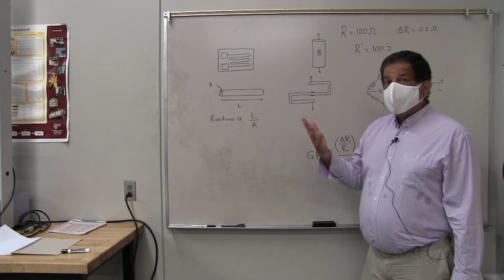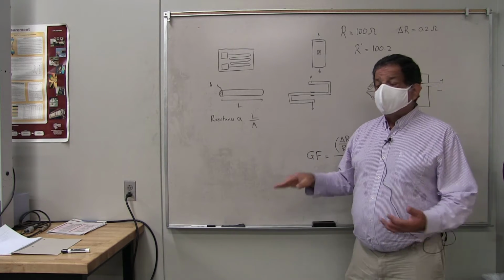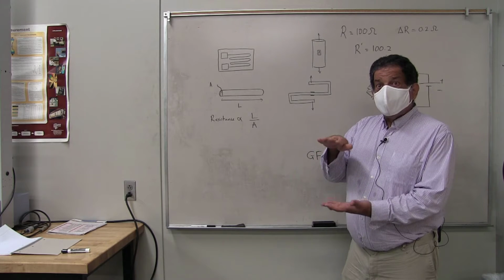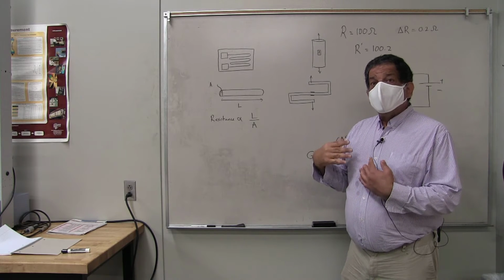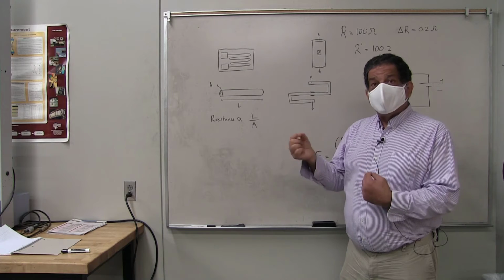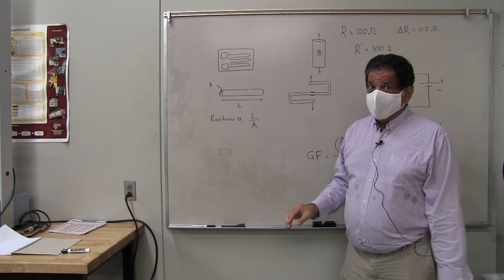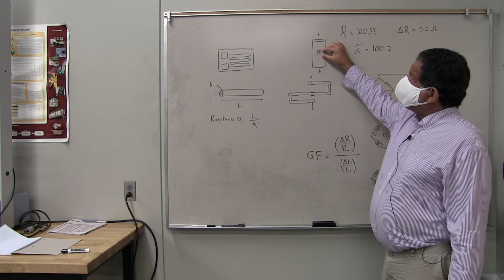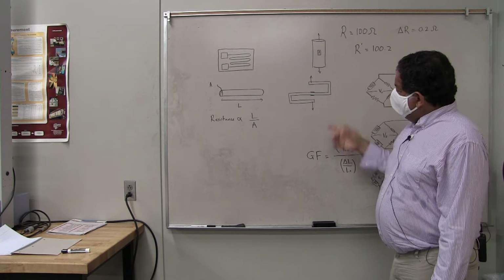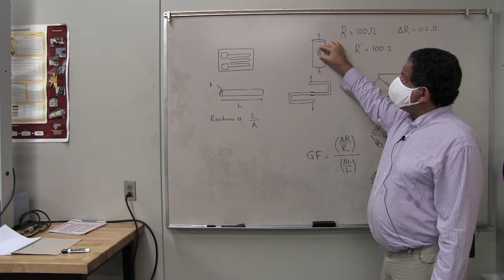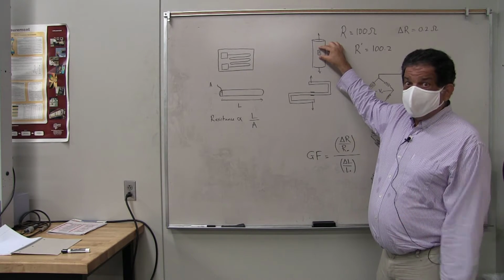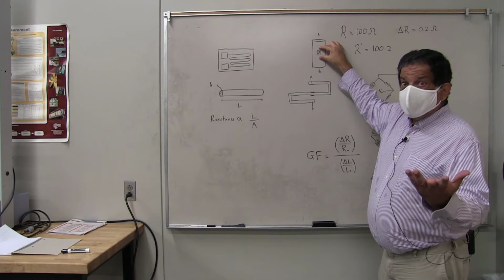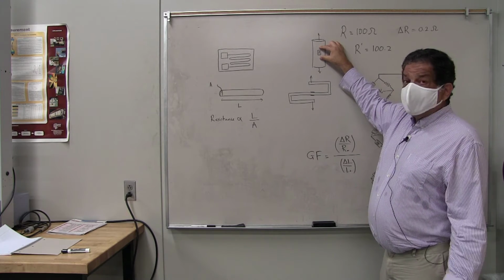So if you remember from your strength of materials, if you take a piece of steel and you apply loads to it, the strain that you can go to before you start getting plastic deformation is only like 0.5% or so. So if I have 0.5% of stretch on this thing, then I'm going to get 0.5% or maybe 1% change in the resistance. And that's going all the way to the plastic limit, to the yield strength.